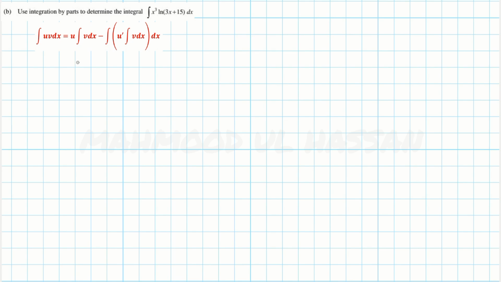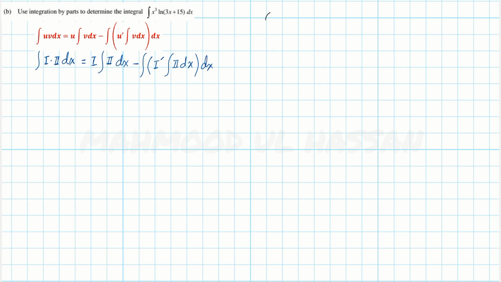This rule can also be written as: integral of first function multiplied by second function is equal to first into integral of the second, then minus whole integral of derivative of first into integral of the second. Got it?